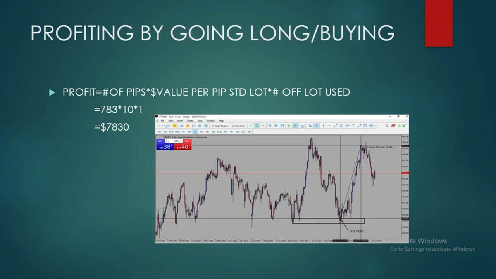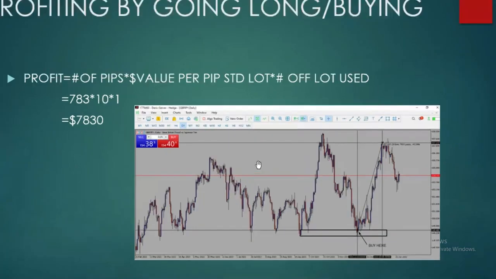That's the minimum lot size you can use for financial markets, and it also depends on the broker you'll be using. So if you take a trade with a lot size of 0.01, you just input it there, then multiply with the number of pips and the dollar value per pip standard lot. That calculation will give you the monetary value that the move represents.